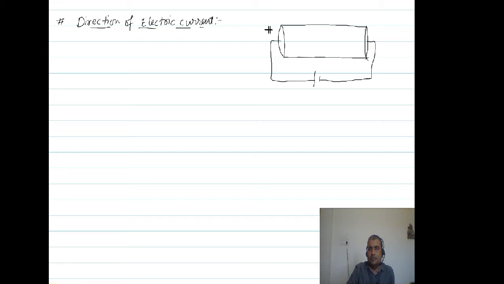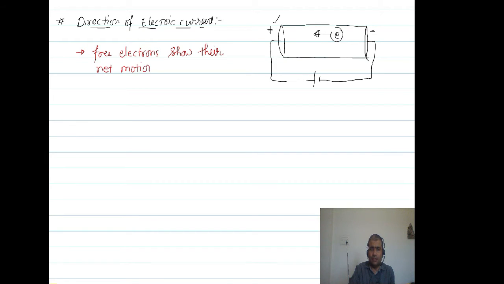So this would be at higher potential and this would be at lower potential as per the symbol of this battery. And what this battery does is force electrons to move, to get drifted towards this positive terminal. So here free electrons start flowing towards the positive end of the terminal. So I can mention here that free electrons show their net motion.